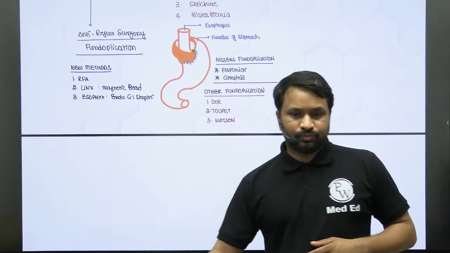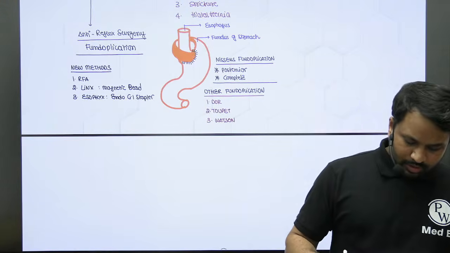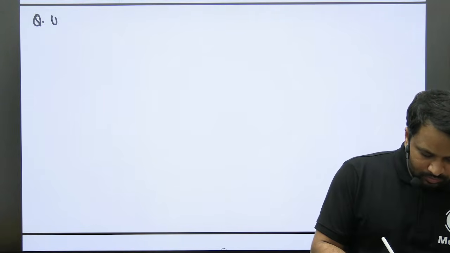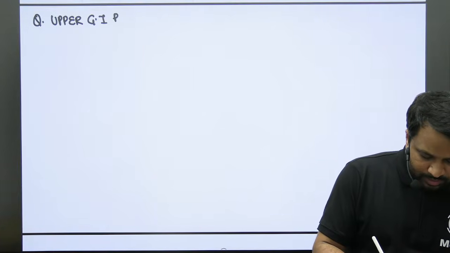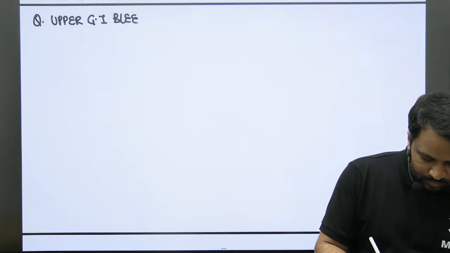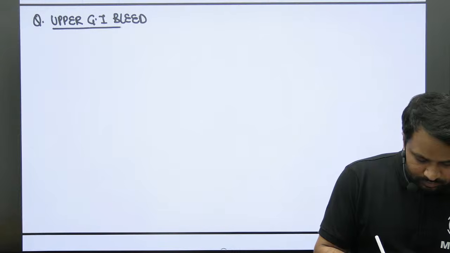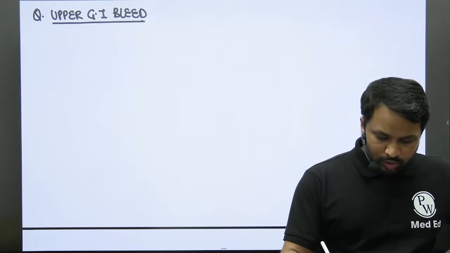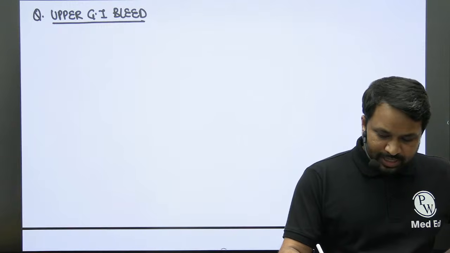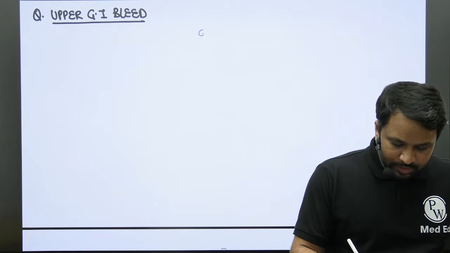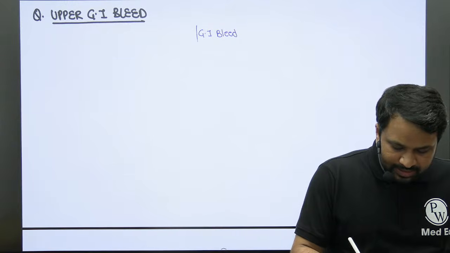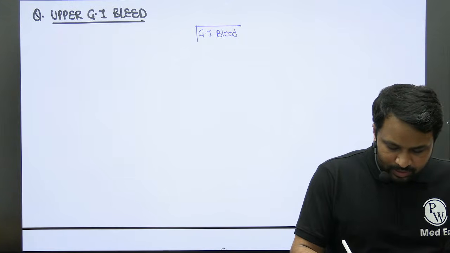Okay. So we'll talk about the upper GI bleeds. So the next question is going to be upper GI bleed. So in order to conclude what you're talking about, the classification of GI bleeds, GI bleed is categorized into the upper and the lower GI bleed.